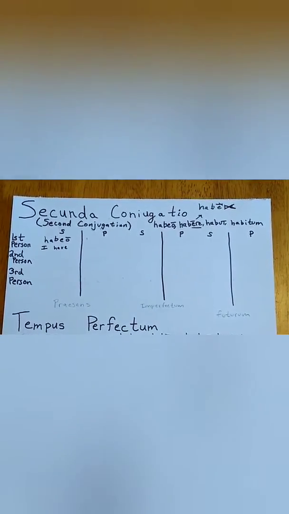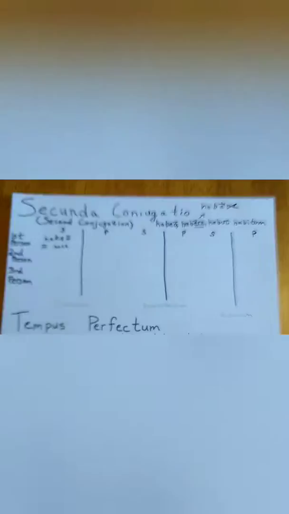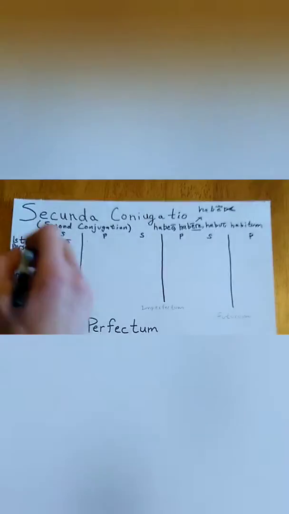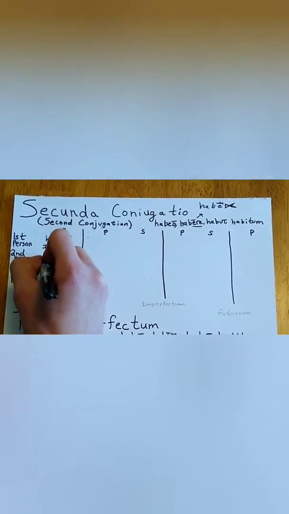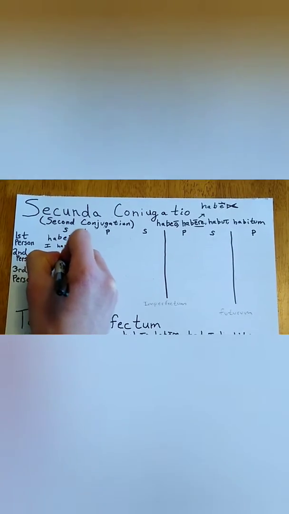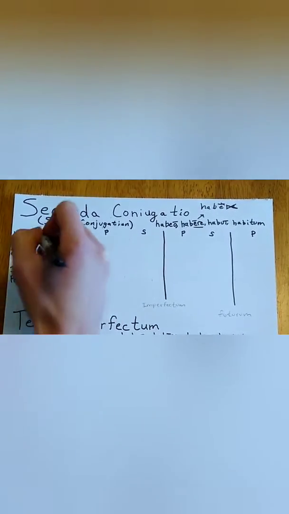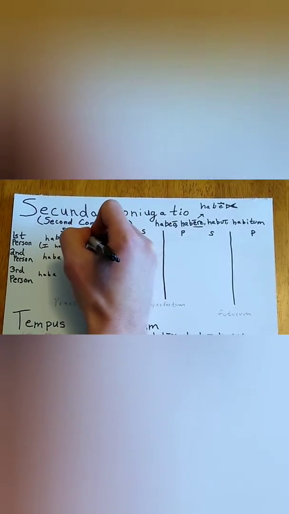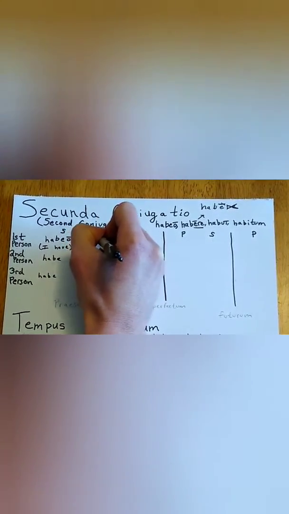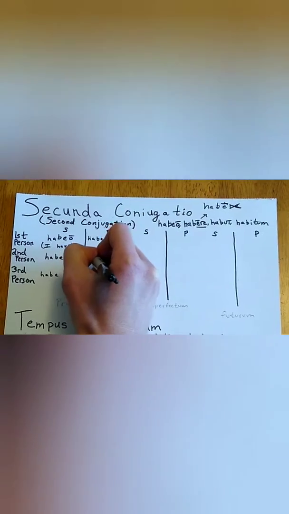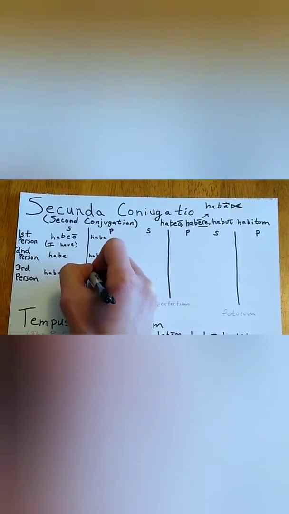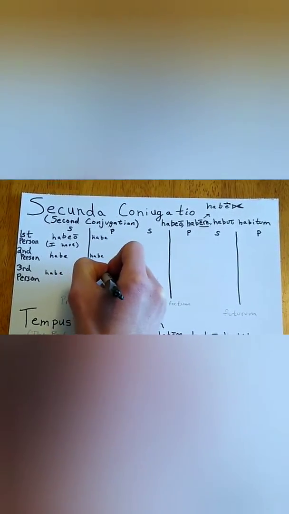Then you can put habe into its chart, to each of its places. Habe, habe, habe, habe, and habe.